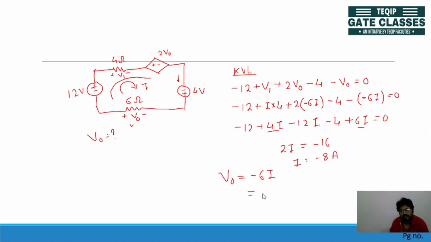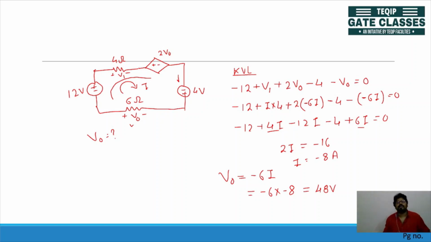So it will be minus 6 into minus 8, that is 48 volt. Okay, you have to pay attention that when we are traveling in a loop, if we are entering in positive sign, we'll take positive voltage, and if we are entering in negative sign, we'll take negative voltage.